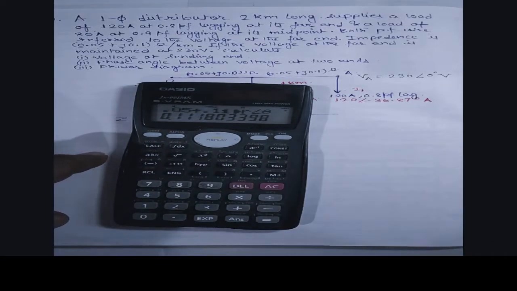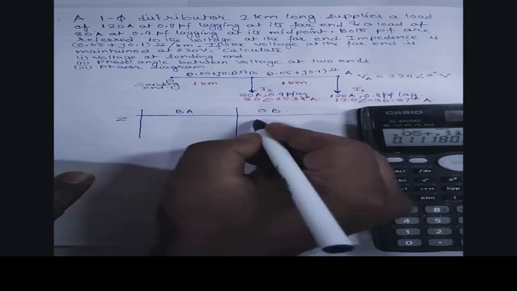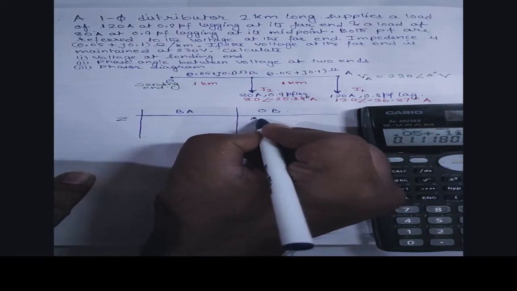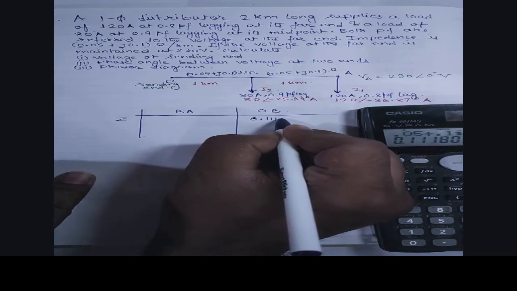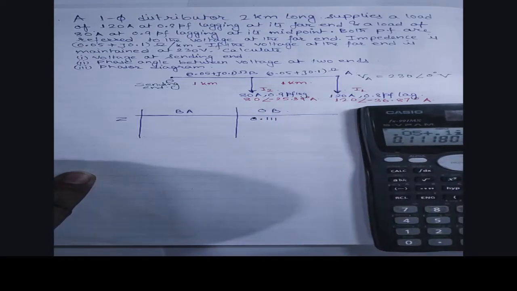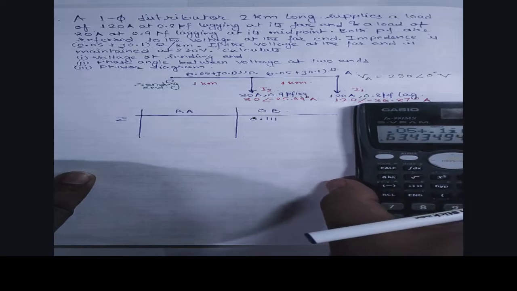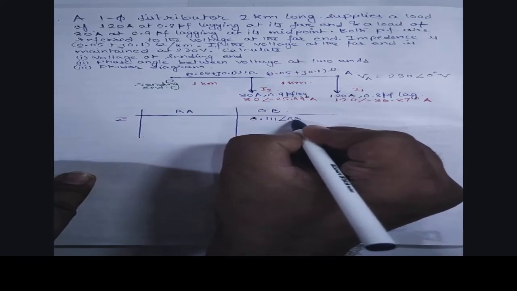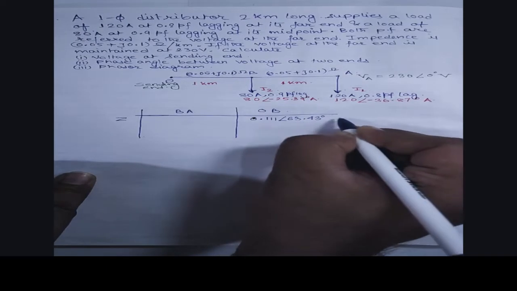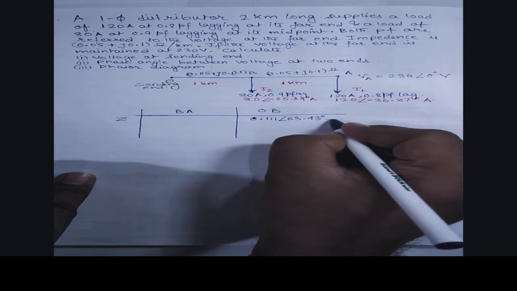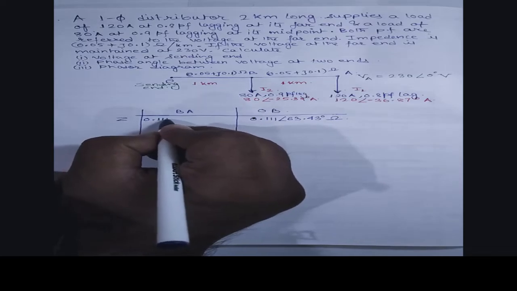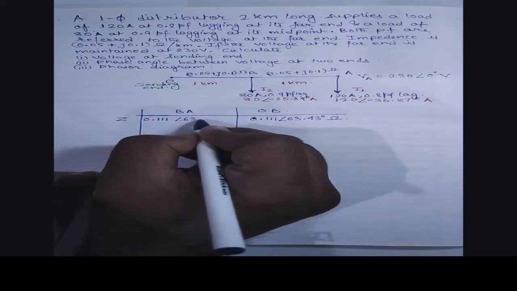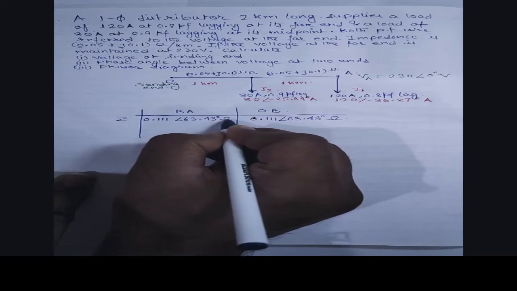So it is coming as 0.111 at an angle of 63.43 ohm. Since the values are same, here also it will be 0.111 at an angle of 63.43 degree ohm.